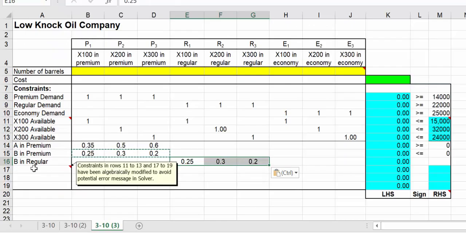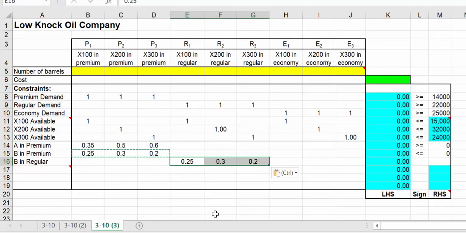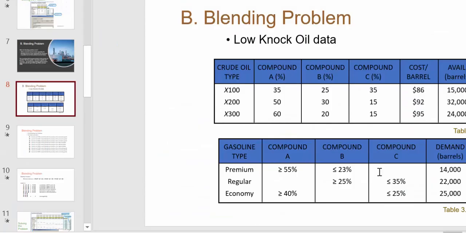Okay, so let's take a look at what else is in regular. Is there anything else in regular? So for regular, it's in terms of compound C. So there's a certain amount of compound C. And compound C is 35% in X100, 15% in X200, and 15% in X300.